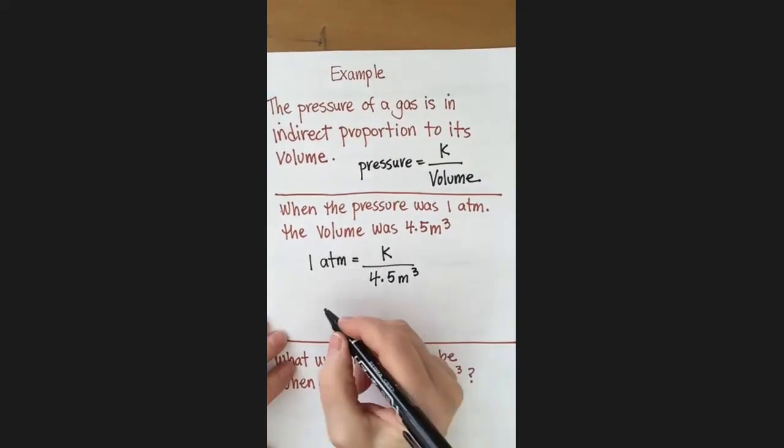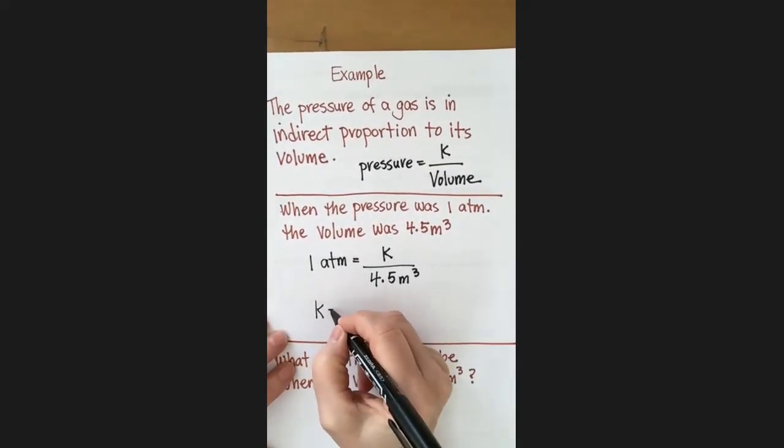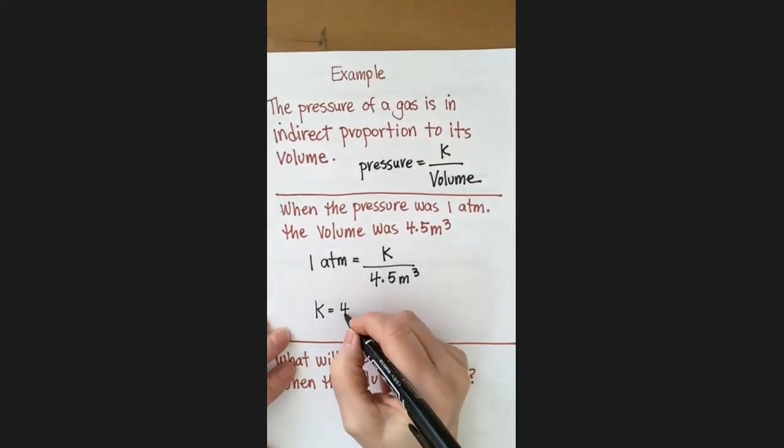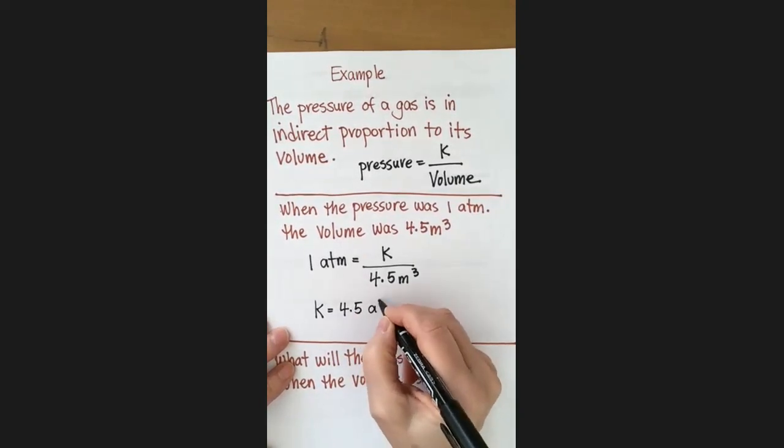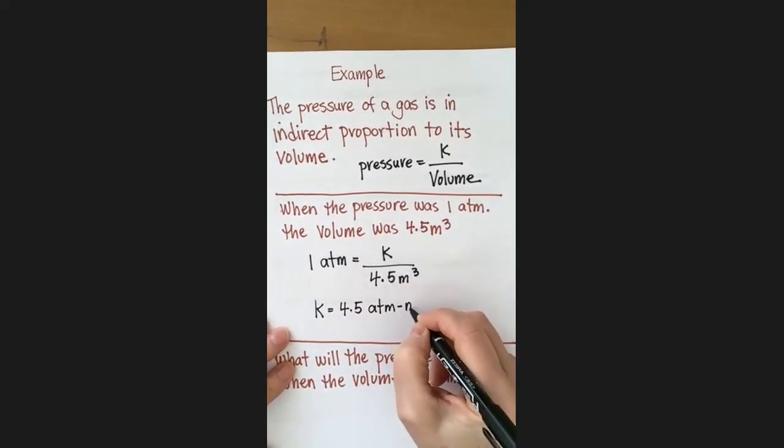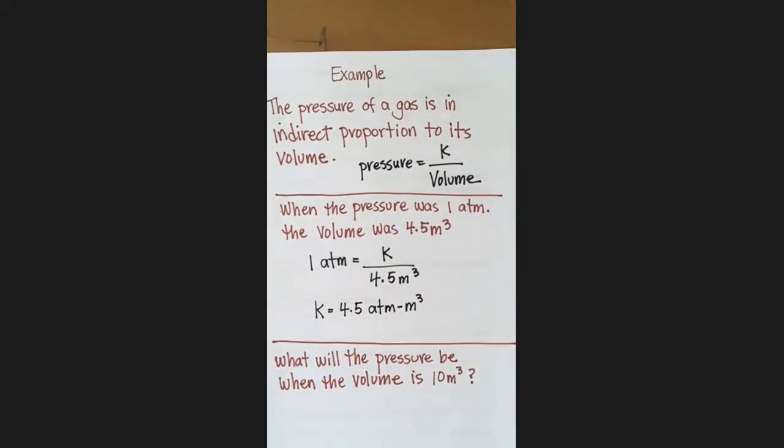And by doing the math, I find that K is equal to 4.5 atmosphere meters cubed. Notice that we get weird units in science sometimes, but those weird units can give you confidence that you are on the right track.